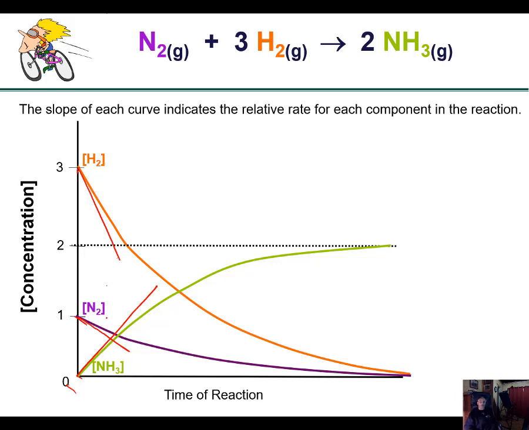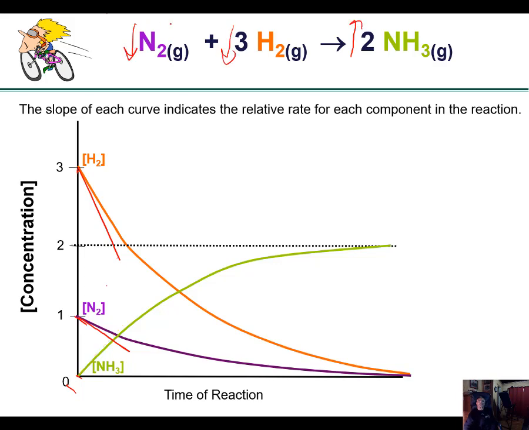So we have a negative slope that's very steep for hydrogen. We also have a negative slope for nitrogen, but it is about 1/3 the slope of the hydrogen molecule, and that's because of the difference in the coefficients here. For ammonia, we have a positive slope, and the positive slope here is about twice the negative slope of nitrogen, because remember, products, they appear, reactants, they disappear.